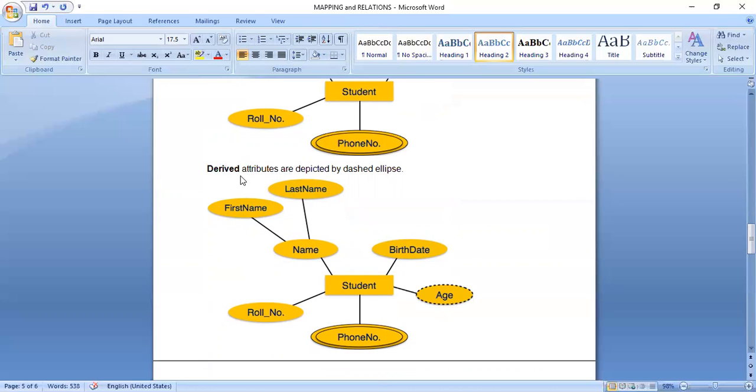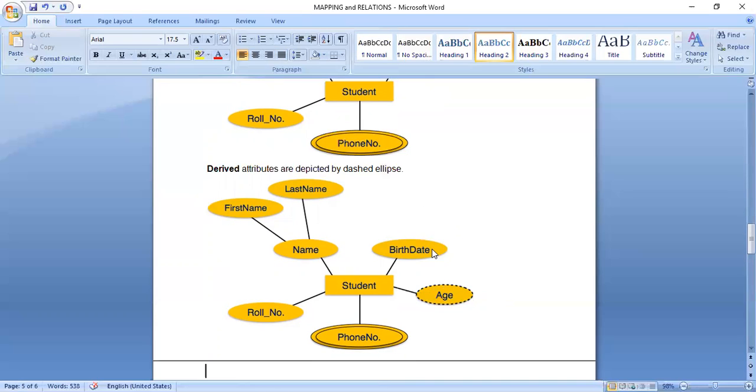There is another type of attribute called derived attributes. Derived attributes are nothing but the attributes which can be derived from some other attribute. Those derived attributes are specified by dashed ellipses. Here we are saying that age is a derived attribute. How can you derive that? You can derive it from the birth date.